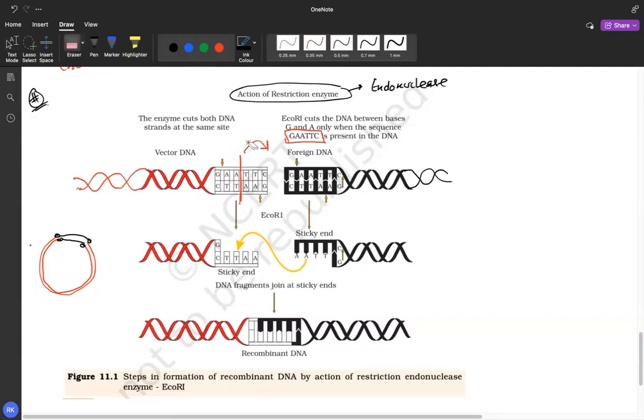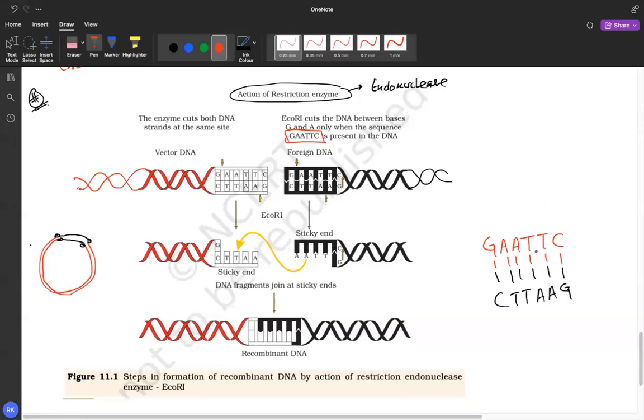Now, how does a sticky end get formed? Let's see here. GAATTC. On the opposite strand, what will be there? CTTAAG. Perfect.